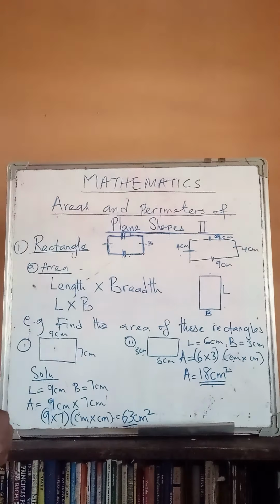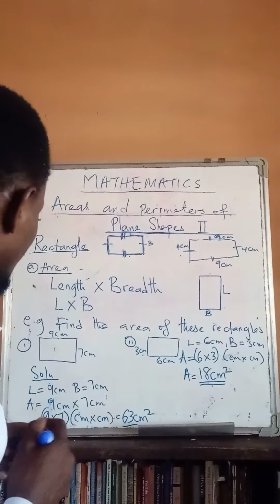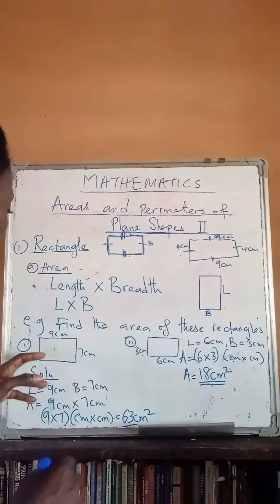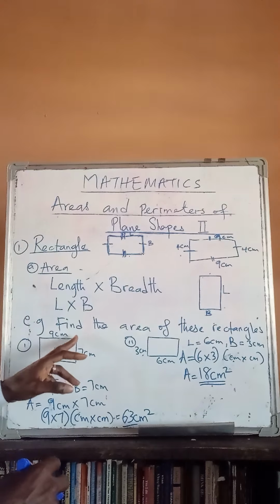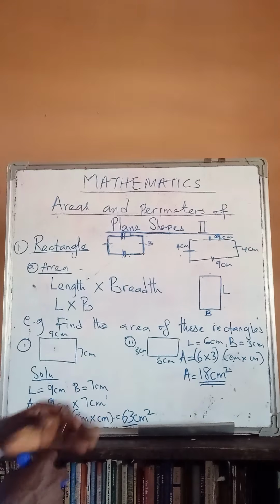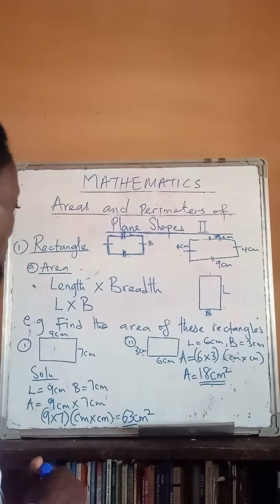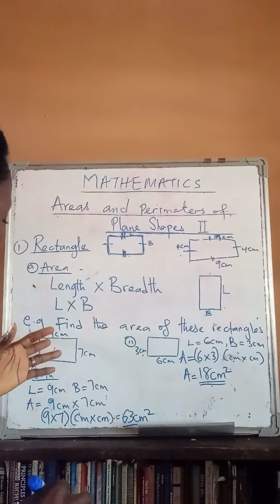Okay. Now let's do some calculations. Find the area of these rectangles. One, we have this rectangle, 9 centimeters by 7 centimeters, and 2, 3 centimeters by 6 centimeters. Solution for number 1.